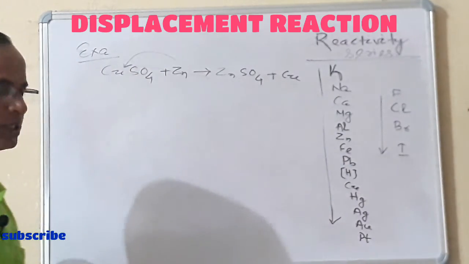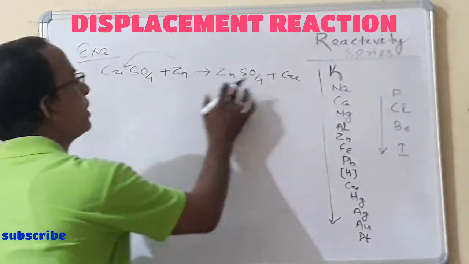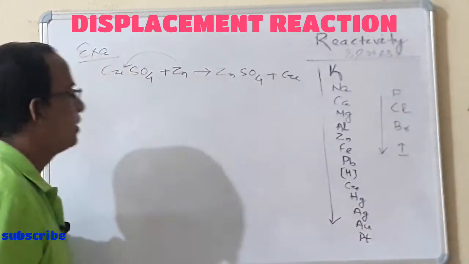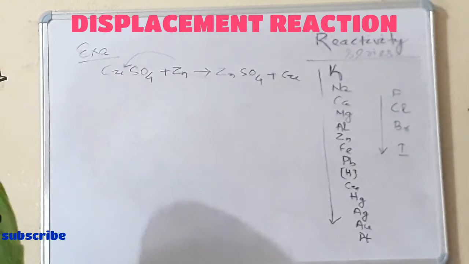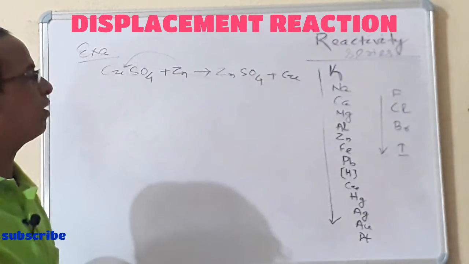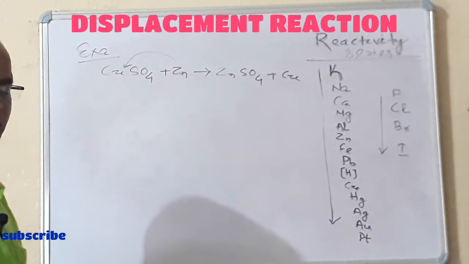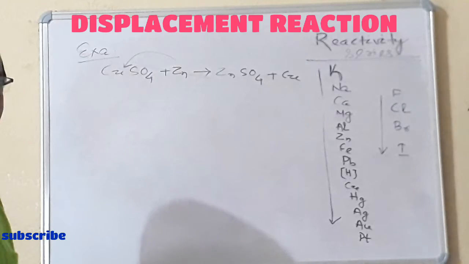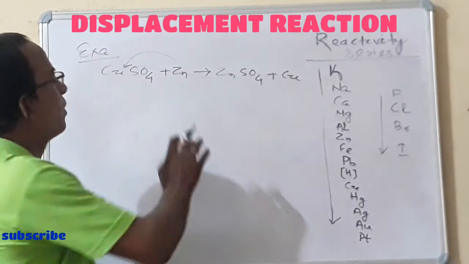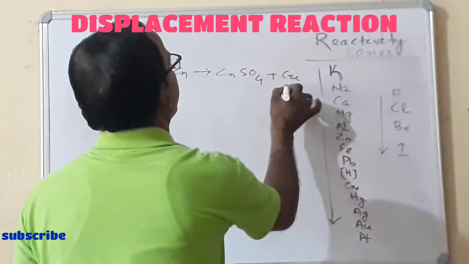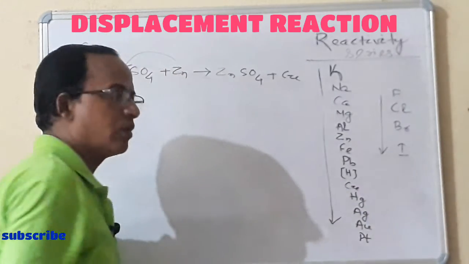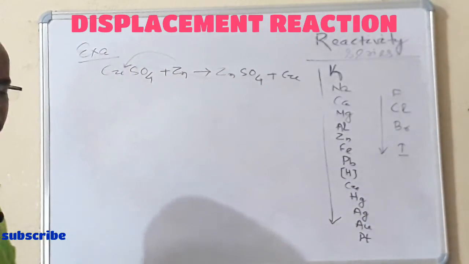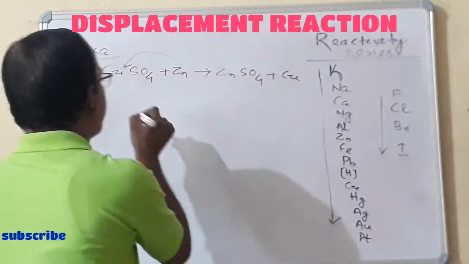This reaction is known as a displacement reaction. Whenever zinc granules are added to the copper sulfate solution, the blue color of the solution fades away and it becomes colorless, and after that we get the reddish brown copper.